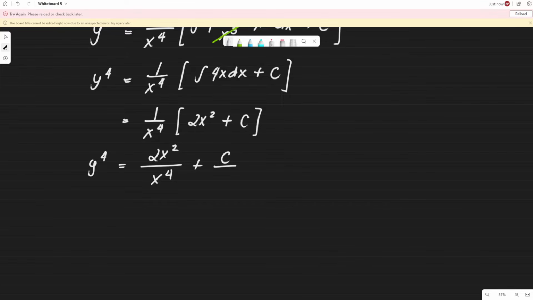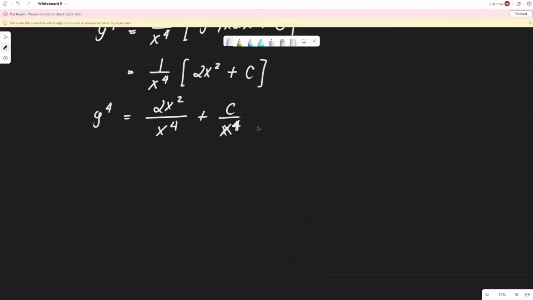We just distributed. Simplifying, this one will just give us 2. Therefore, we have y raised to 4 is equal to x raised to negative 2 plus c x raised to negative 4.